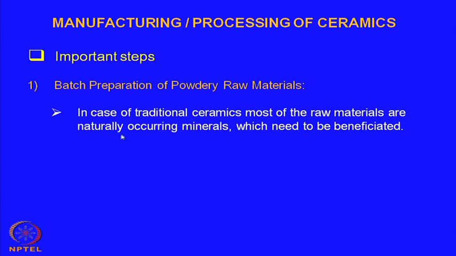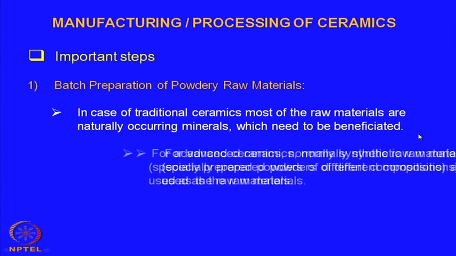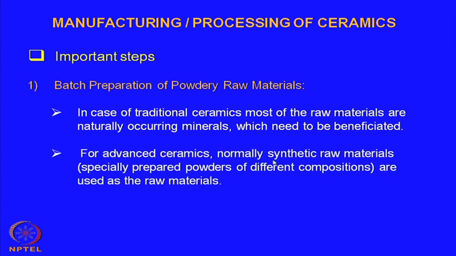In case of traditional ceramics, most of the raw materials, as mentioned already, are naturally occurring minerals which need to be beneficiated. For advanced ceramics, normally synthetic raw materials or specially prepared powders of different compositions are used. So, these are the raw materials and the basic difference between traditional and advanced.